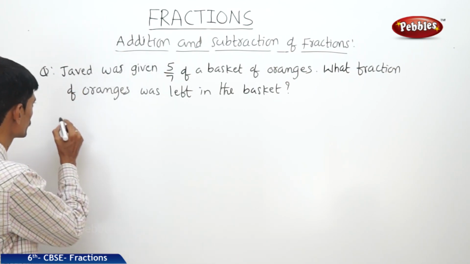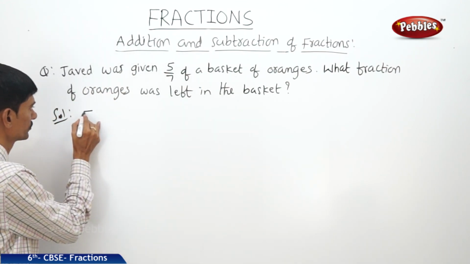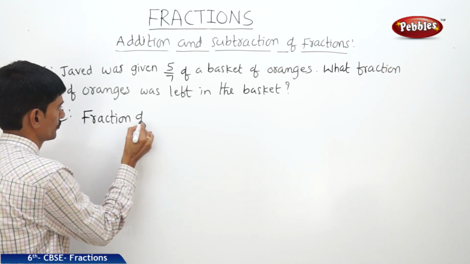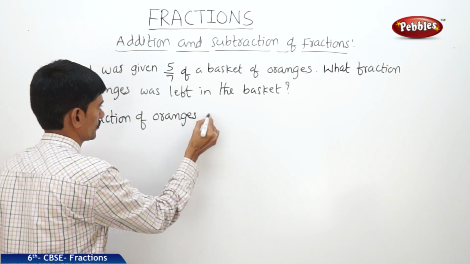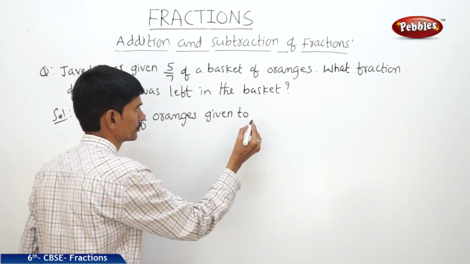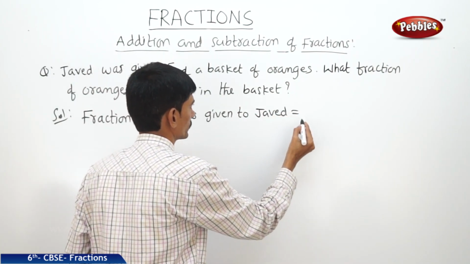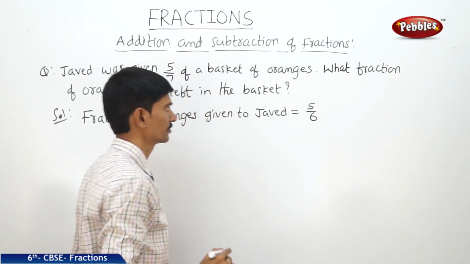Now first let us write the statement. The fraction of oranges given to Javed equals 5 by 6.